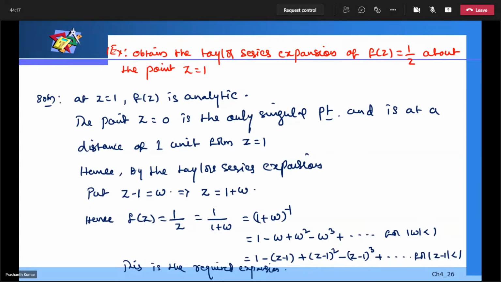So to obtain Taylor series expansion of f of z around z is equal to a, you just put z minus a is equal to w.